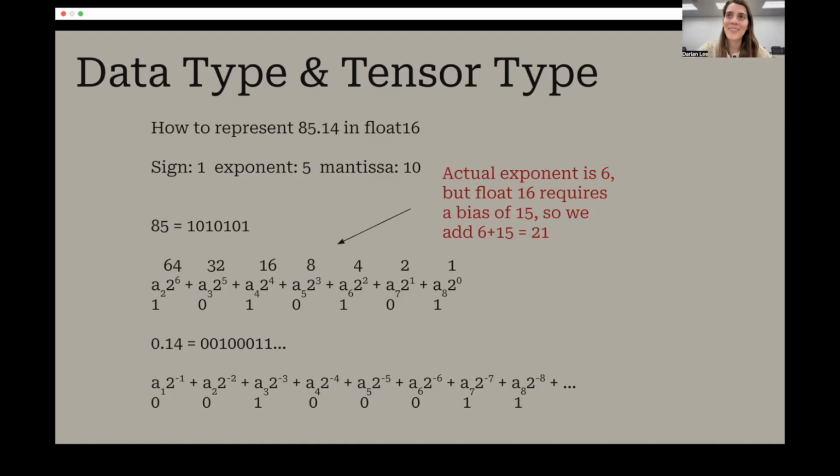But I think this is going to sound confusing at first, but once I explain why we do this, I think it will make a lot of sense. In float 16, we're actually going to add a bias of 15 to the actual exponent. So instead of 6, we're going to get 21. The reason we do this is because if you think about storing bits in a computer, we don't want to have to waste a bit on defining whether or not the exponent is positive or negative.